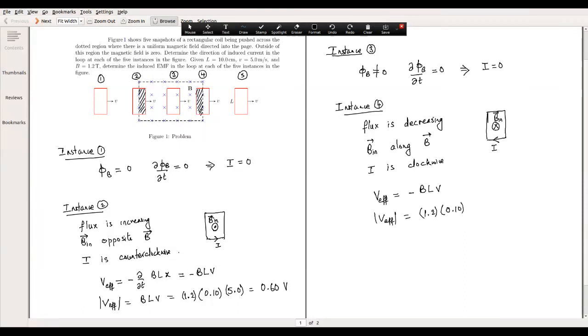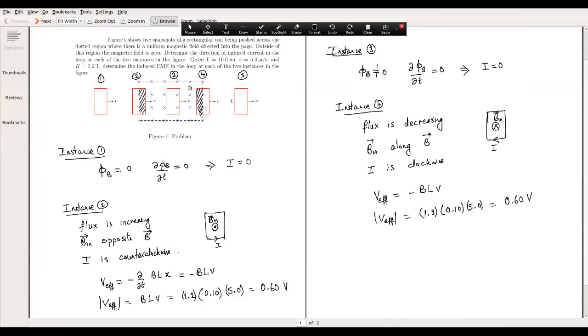The velocity is 5 meters per second, which is again 0.60 volts. The only difference is that it is effectively equivalent to having a battery attached in this loop in the opposite sense. So the polarity of the battery is flipped when it is going out of the magnetic field.